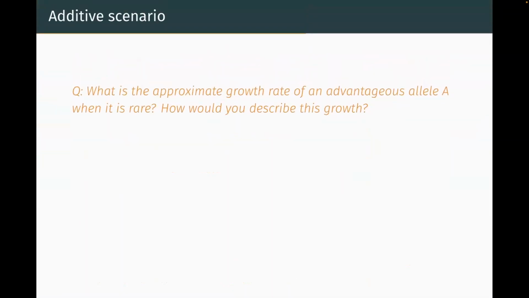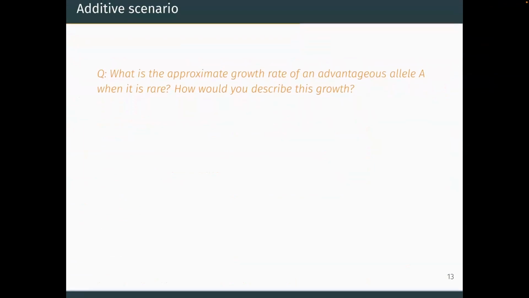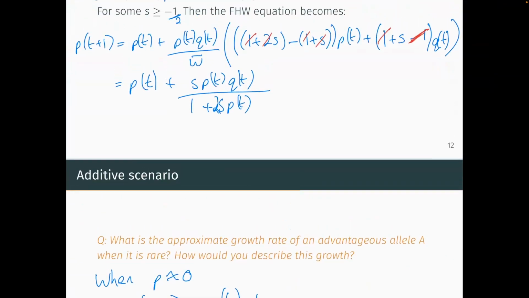Okay, so then lastly, what is the approximate growth rate? Just like we've done before with our dominant and recessive scenarios, when our big A allele is rare, so when P is approximately equal to 0, we're going to have P of t plus 1 approximately equal to P of t again, plus, well, the same logic as before, Q of t is approximately equal to 1. And on the bottom, we're going to have 1 plus something very, very small, so that's approximately equal to 1.